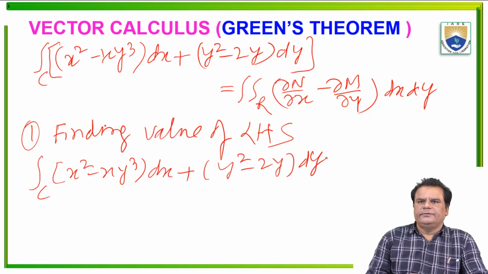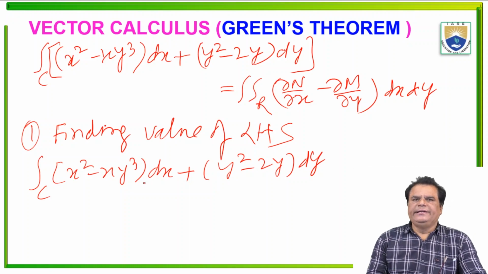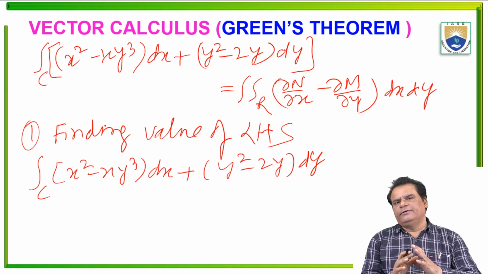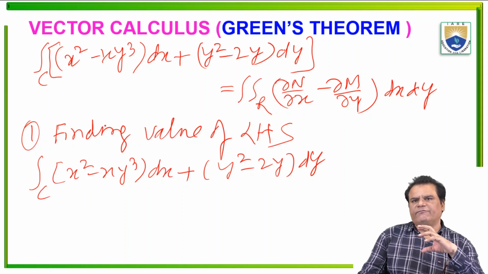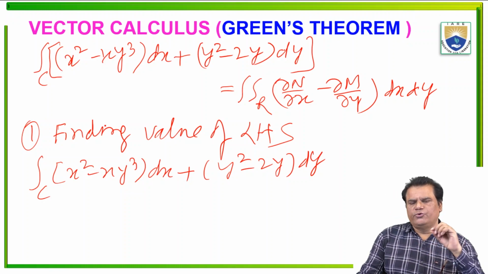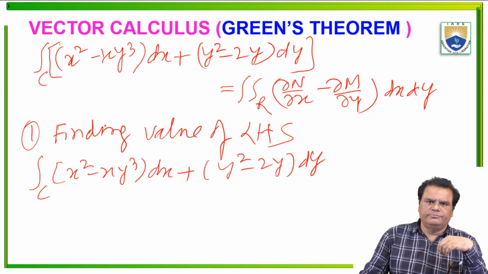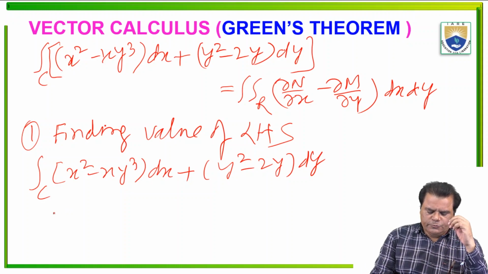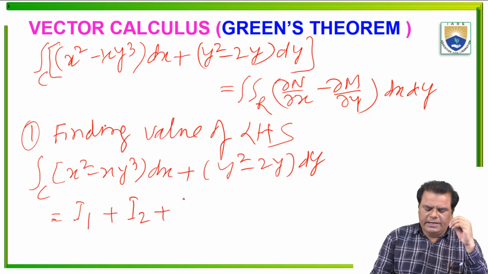Okay. So this is the line integral. Basically a square is given, so there are 4 lines: first O to A, next A to B, B to C, and C to O. So we find the integral along the 4 lines. This integral equals I1 plus I2 plus I3 plus I4.